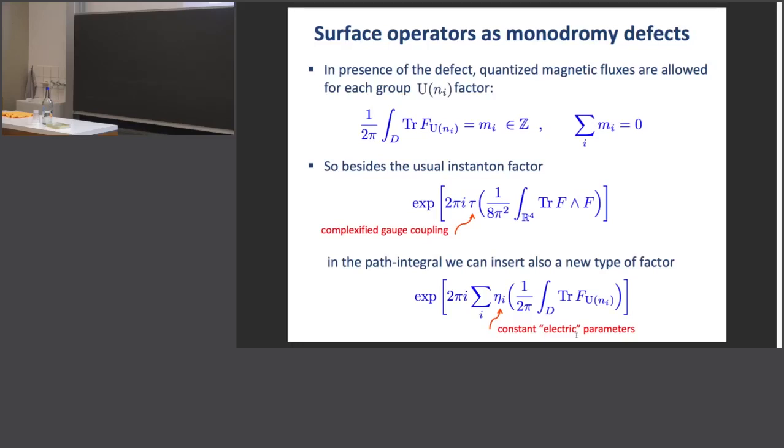In other words, besides the usual instanton factor with which I can weight the various topologically different configurations, which is the exponential of the second Chern class in R4 with a parameter which is the complexified gauge coupling, now I can add extra factors which measure these magnetic fluxes for these U(n) factors of the Levi group, which can exist in the two-dimensional plane where the defect is.